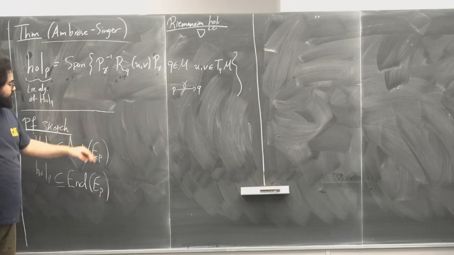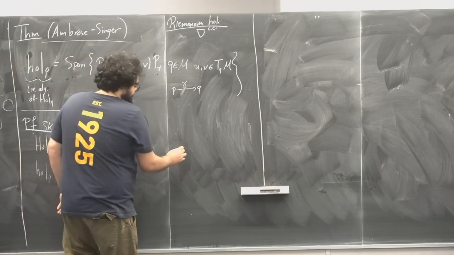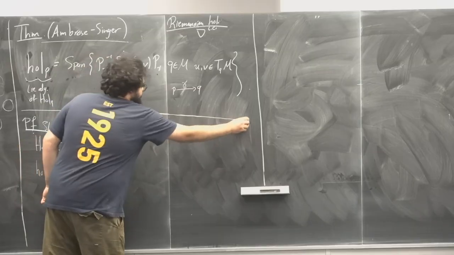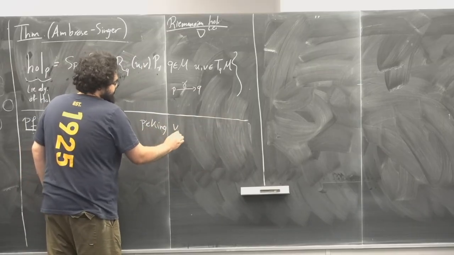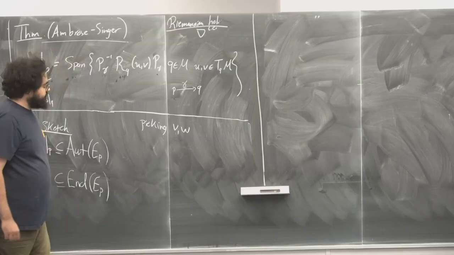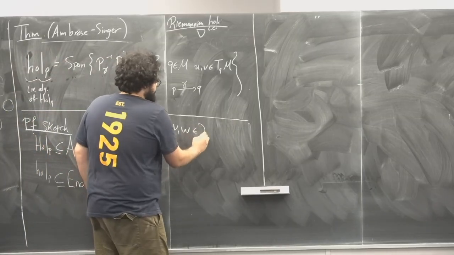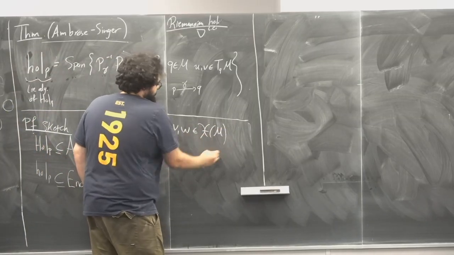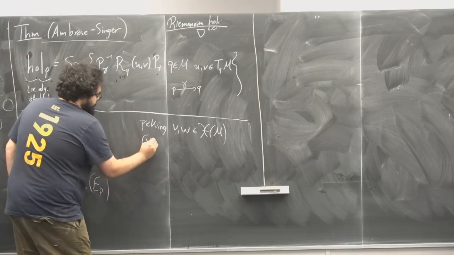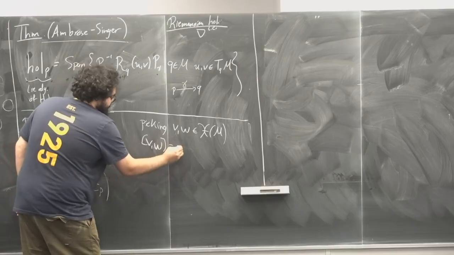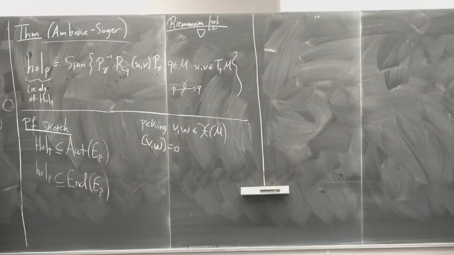The theorem goes by picking two vectors V and W, just vector fields, but we pick them for simplicity to commute. Okay, so pick two vector fields that commute.